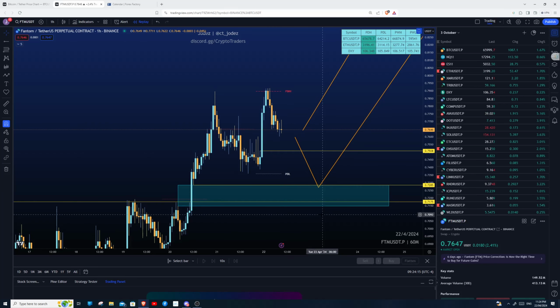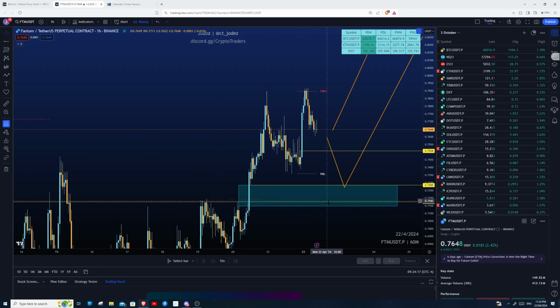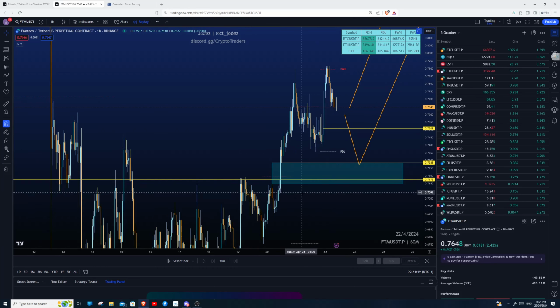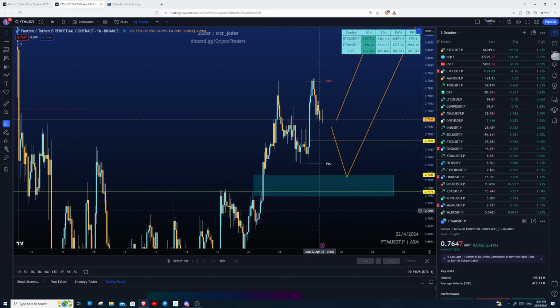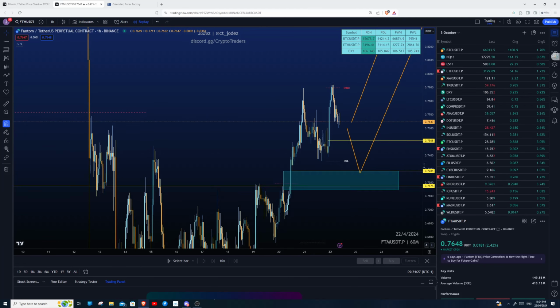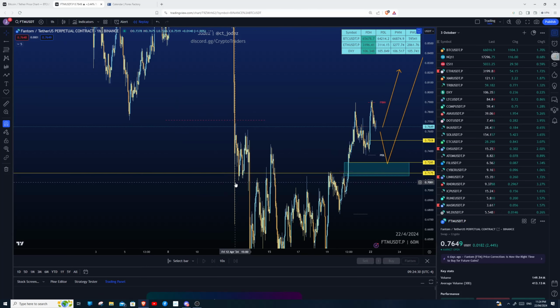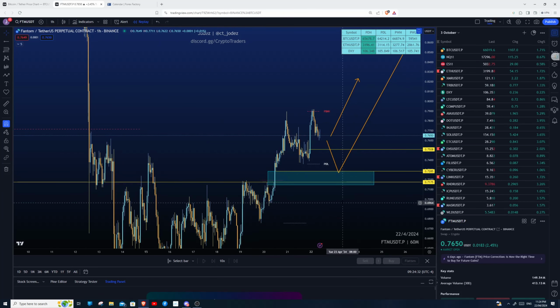So it depends on how long you want to hold this position. If it's a swing position, then maybe a better stop loss would be 0.714, right? Or just basically this previous range low being lost, so 0.7175.